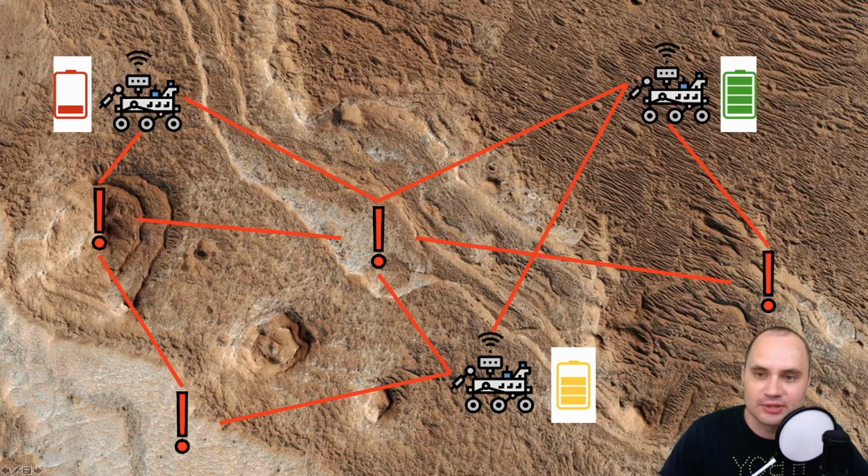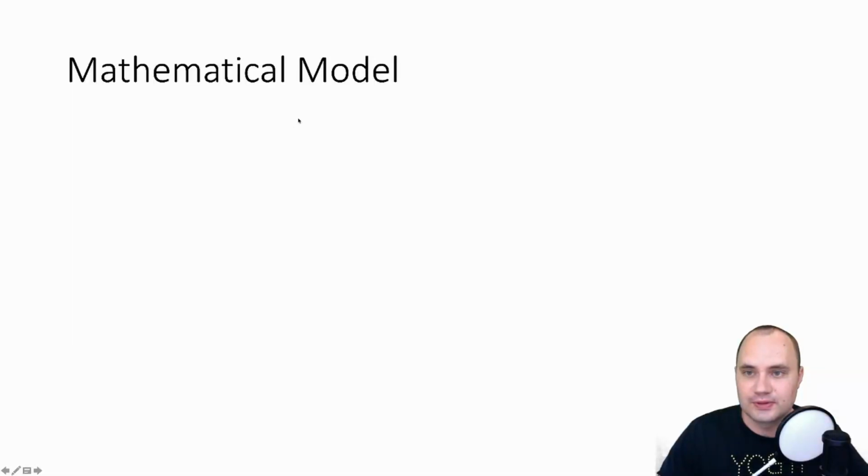It will explore maybe some of the edges even part way, and then for the edge to be fully explored, the other part of that edge needs to be explored by a different robot. So the question that we're interested in is whether, given this initial configuration of placements of robots, different points of interest and the edges between them and their energies of robots, the robots can jointly explore all the edges or not. Mathematically, we model it as follows.